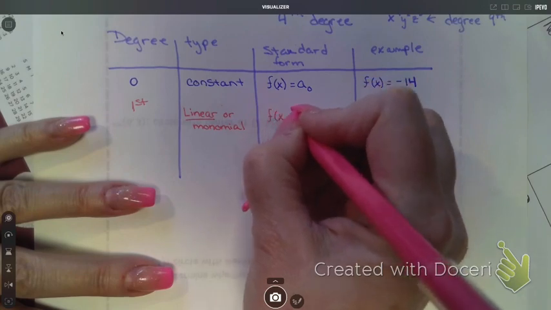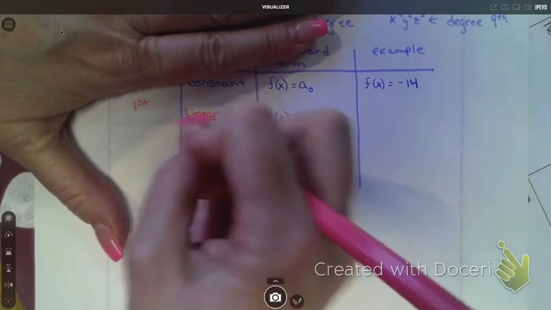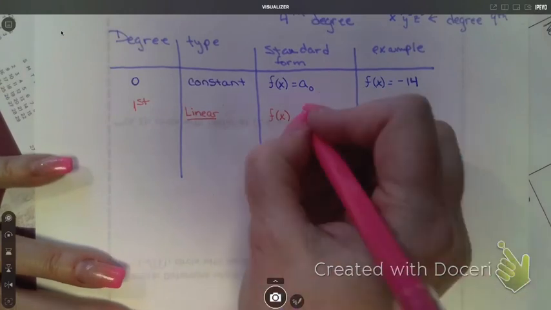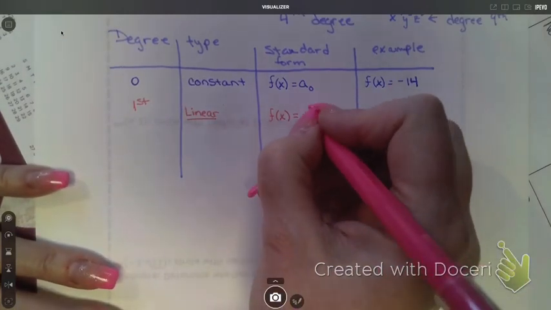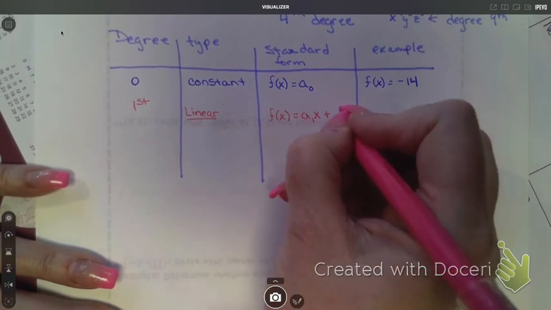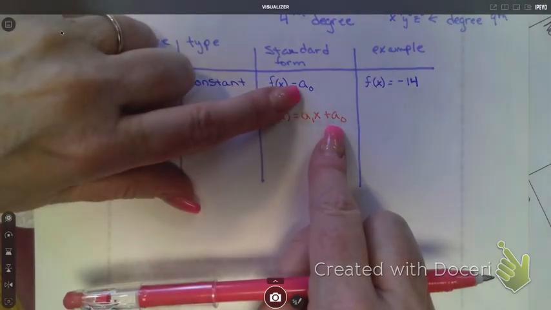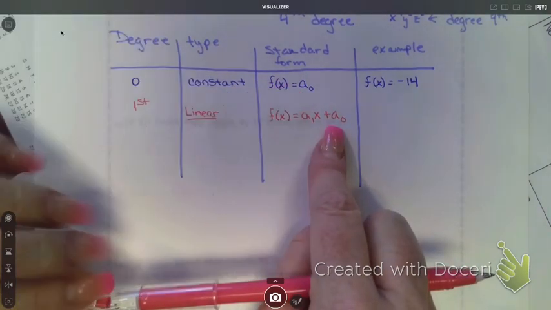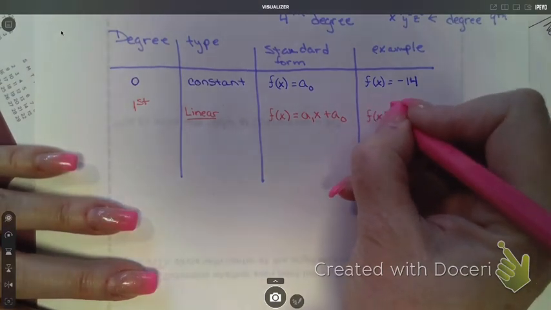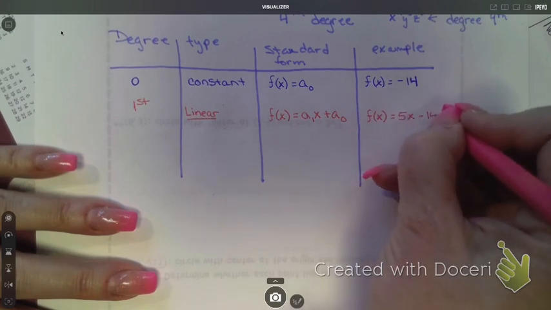No, we didn't put monomial. Monomial is skipped. Erase that. Okay, linear would be f of x equals a sub 1 x plus a sub 0. Remember, a sub 0 is a constant. Yes? So an example of that would be f of x equals 5x minus 14.